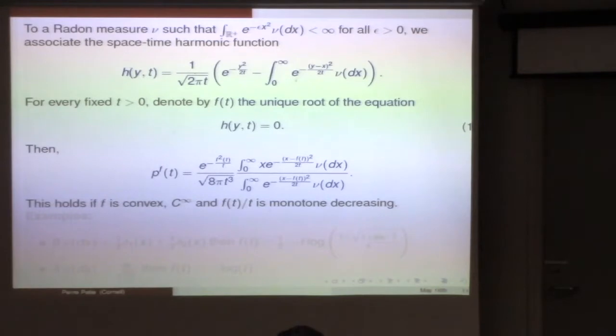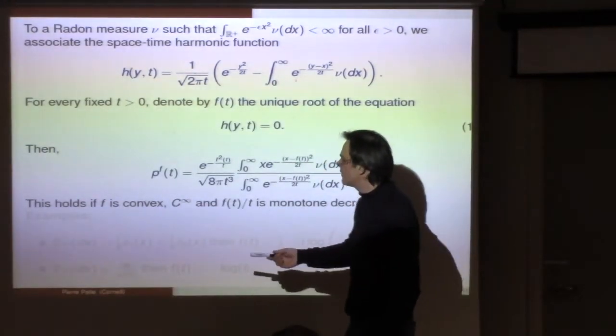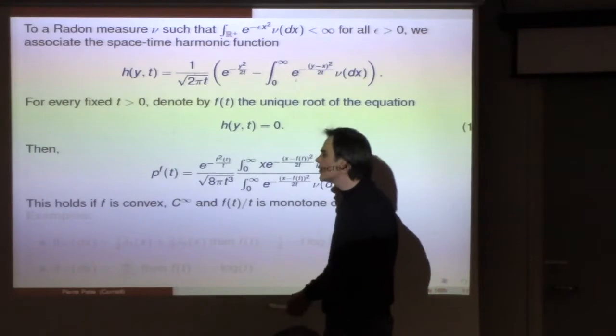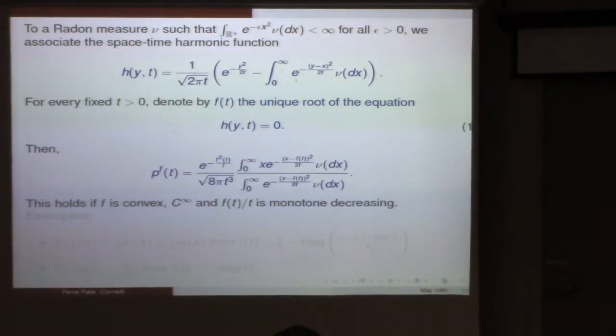And there is an implicit function theorem behind this statement, for the uniqueness of the root of this equation, and this implies that the function f should be convex, and f over t should be monotone decreasing.